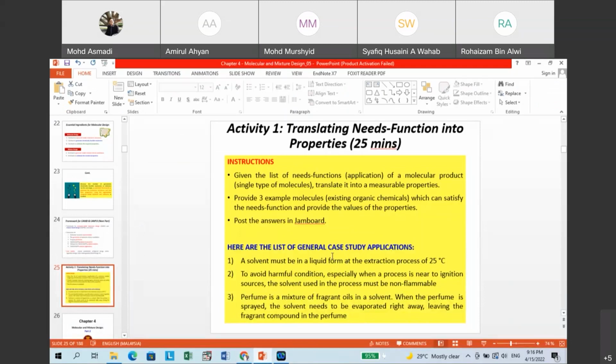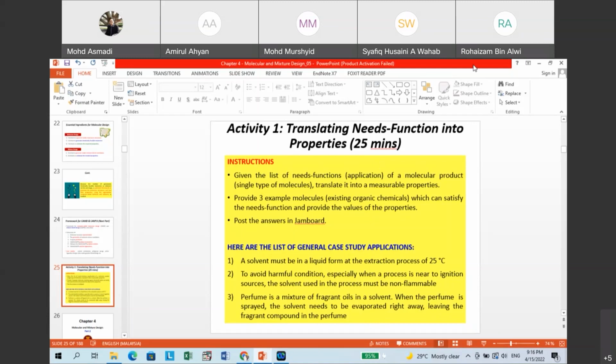Kalau yang ni dia relate dengan apa? To avoid harmful condition, especially when the process is near to ignition. Yang ni relate dengan apa? Perfume is a mixture of fragrance oil in solvent. When perfume is sprayed, the solvent needs to be evaporated right away, leaving the fragrance compound in the perfume.